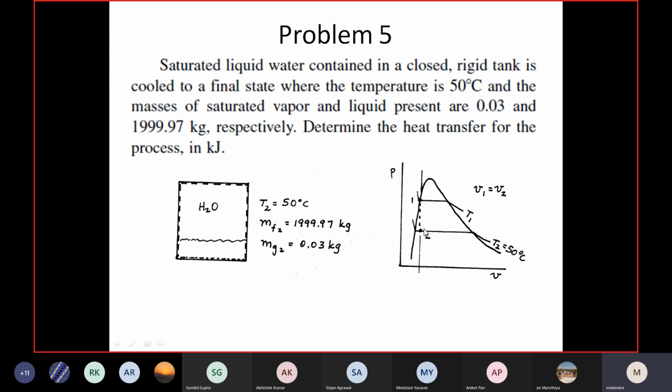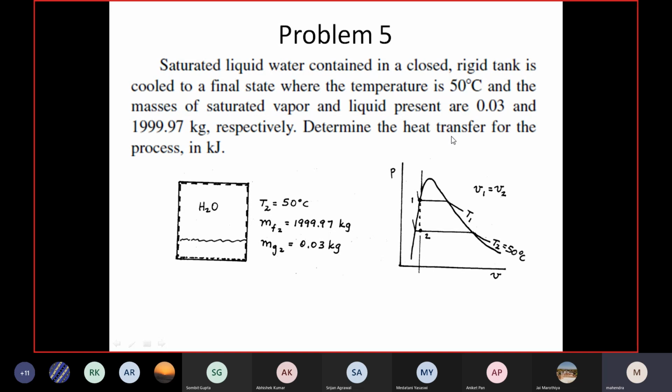Because of that, a certain mixture is forming, with vapor and liquid in this proportion. Determine the heat transfer.